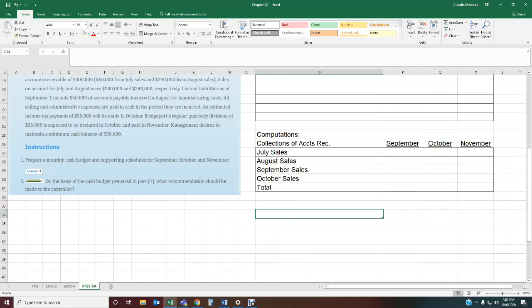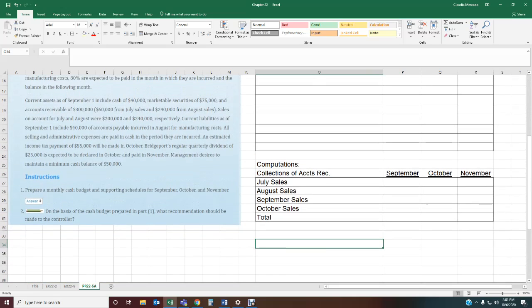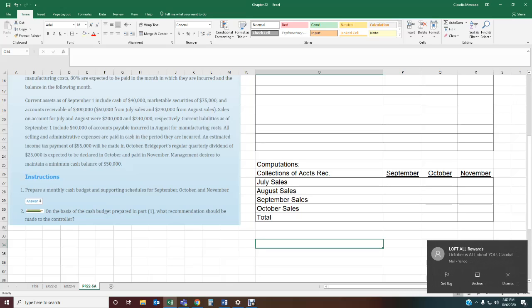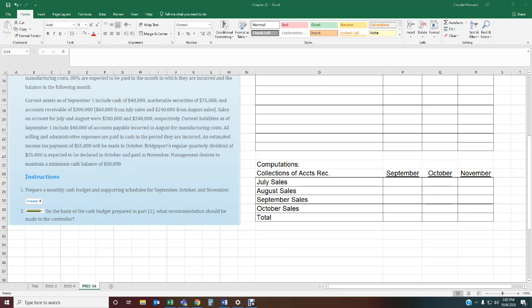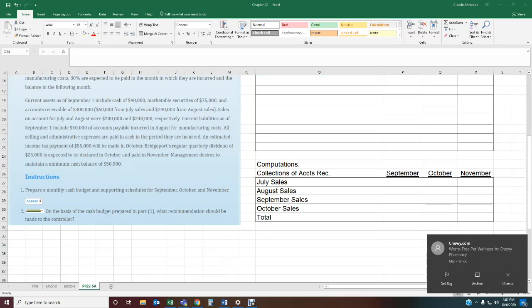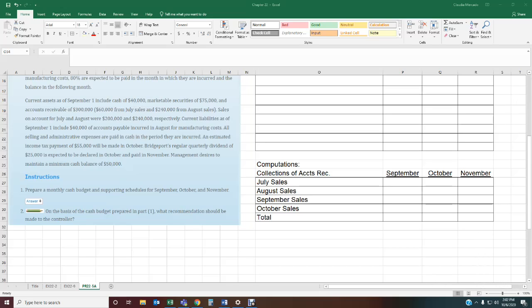Now, the problem gives us an accounts receivable balance. It says here that as of September the 1st, we have an accounts receivable balance of 300,000. So we have 300,000 that we have not collected in our books. And it says that 60,000 are from the July sales and 240,000 are from the August sales.